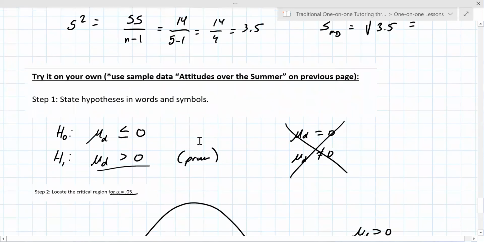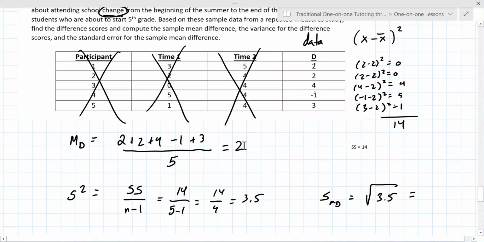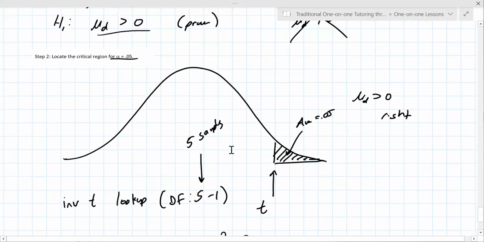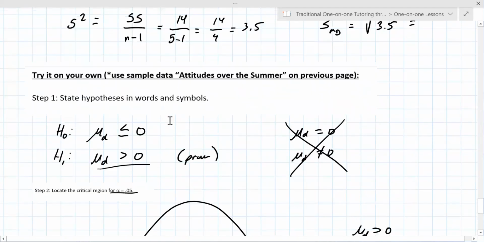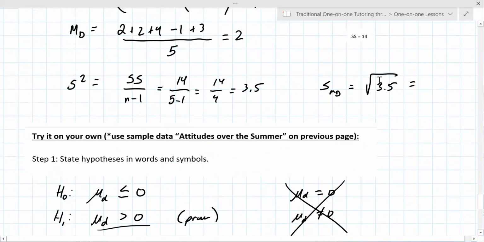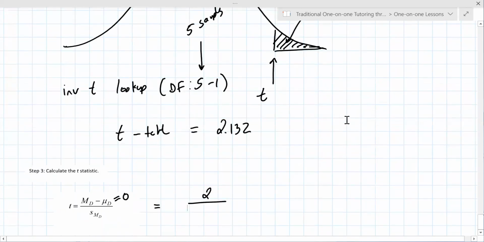If you go back up and look, your mean difference was 2. And then your SMD, the standard error, is the number you actually calculated already up here. You calculate over the square root of 3.5 as your SMD. So you get this number, and then you compare it.